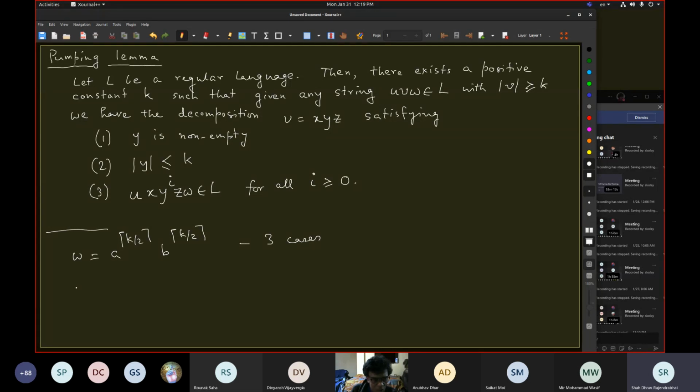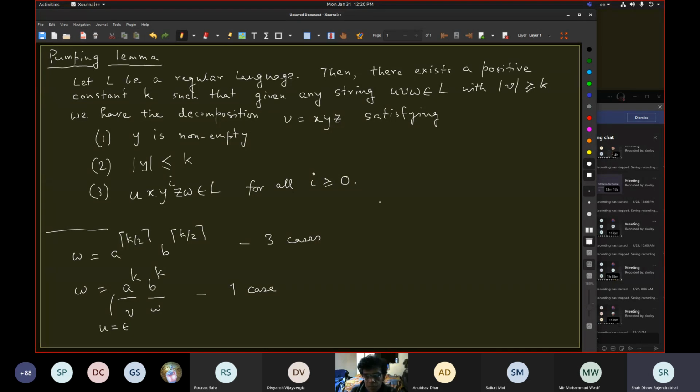Whereas if I took a power k, b power k as V, and U as empty, sitting just before this a power k block, then I am forcing pumping in or out in the V block. Therefore, I only needed to consider one case. Do you recall? Yes, sir. Okay.